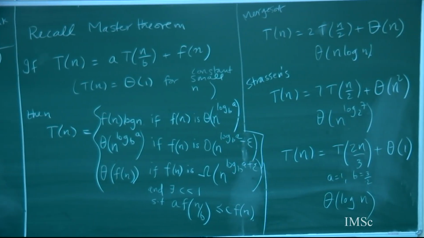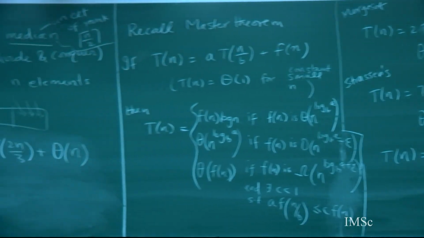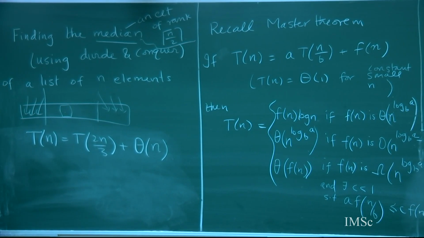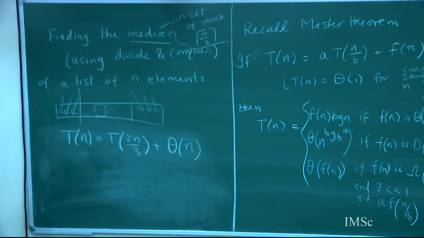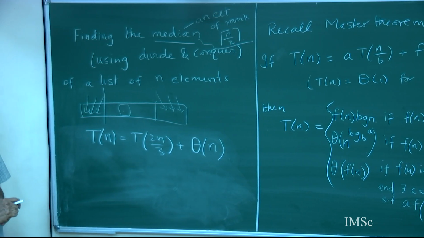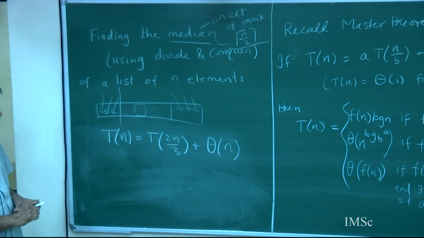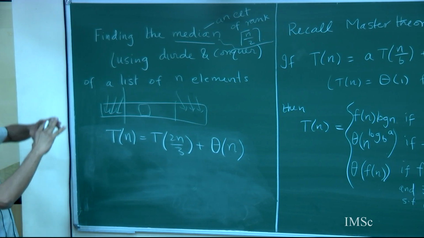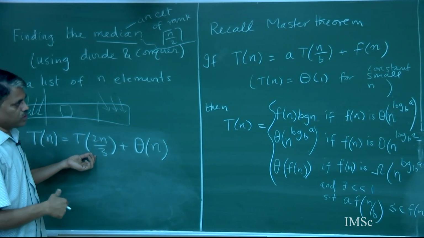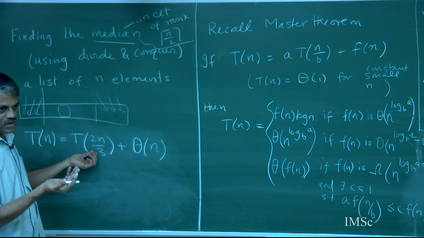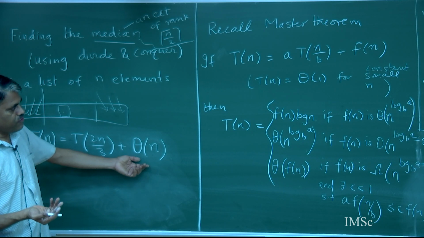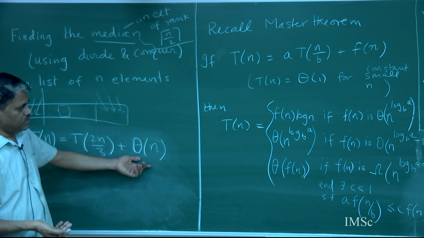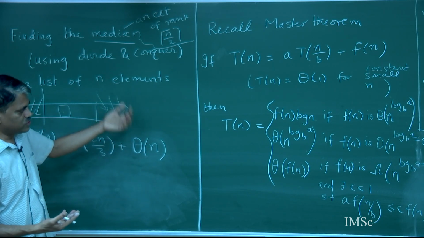So what does this solve to? Third case, because f of n is larger. n to the log a to the base b is a constant, because again a is 1, whereas f of n is strictly larger by an epsilon. The epsilon is actually 1.